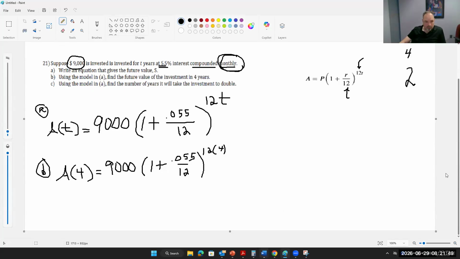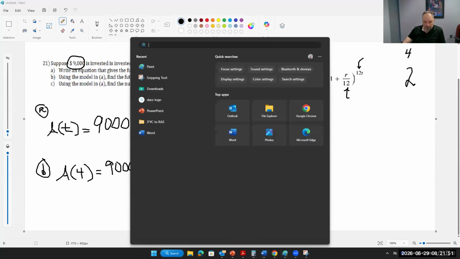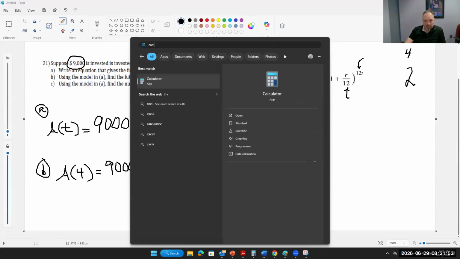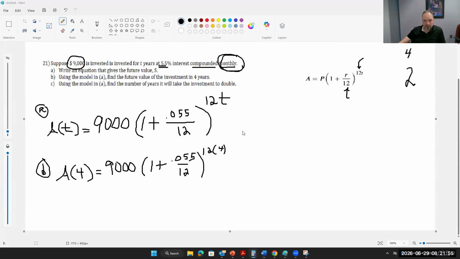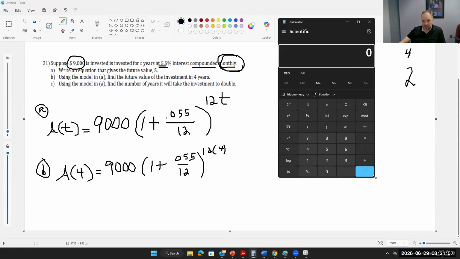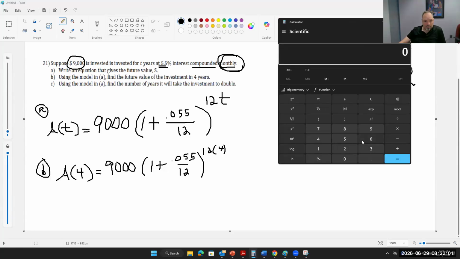Okay, so let me see if I can get a scientific calculator. And hopefully it's not too tedious to get the value computed.